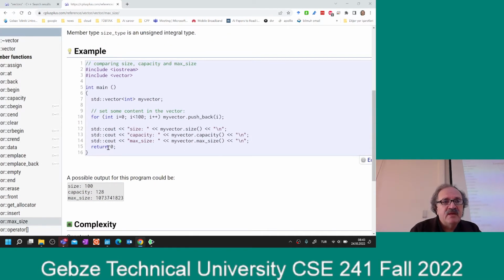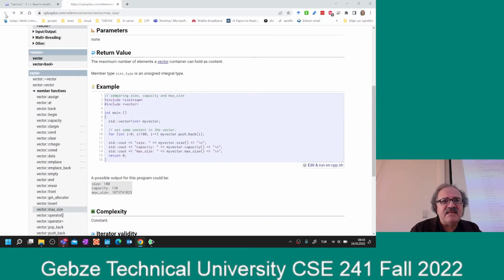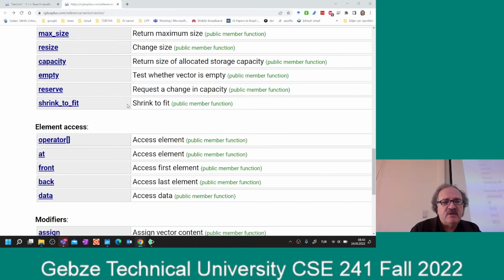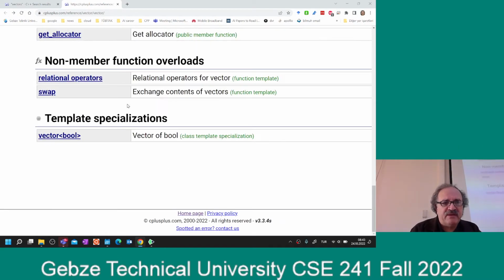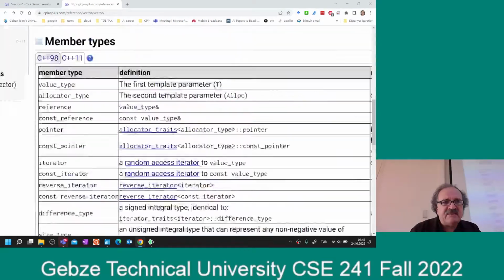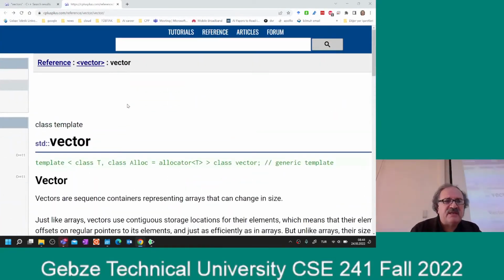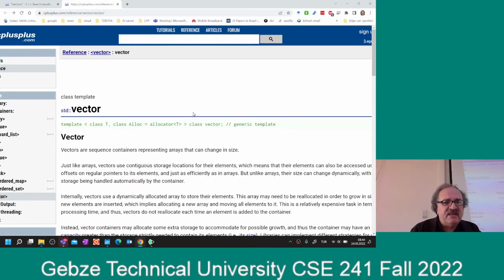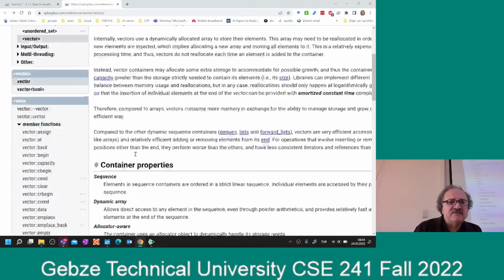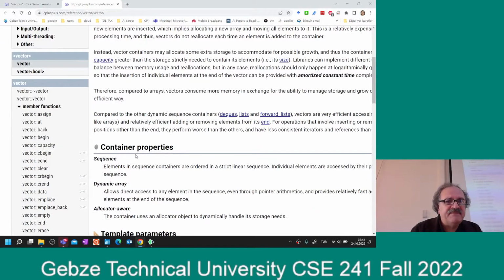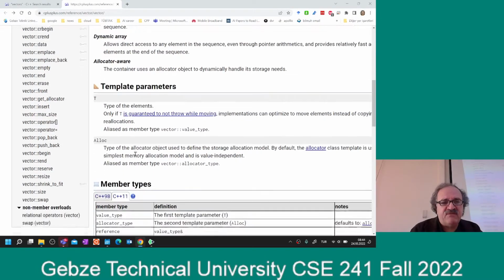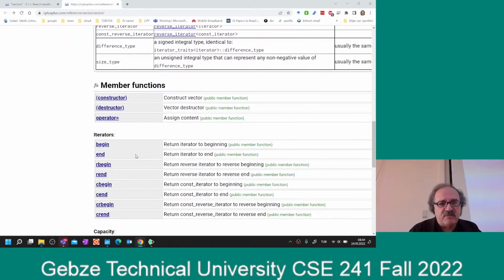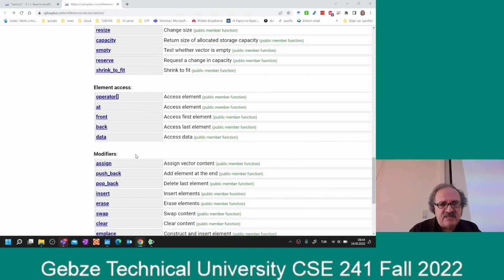It doesn't make much sense for me to look at all the functions one by one, especially if you consider there are extensions of this vector with C++ 11 and 14. So I'm not going to talk much about them. Maybe there are some interesting ones.